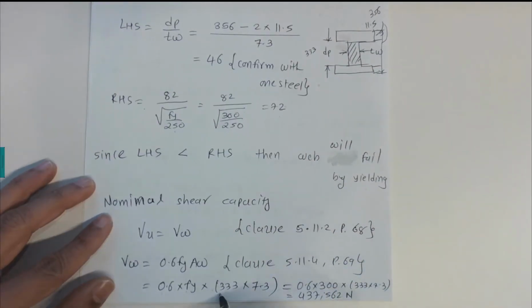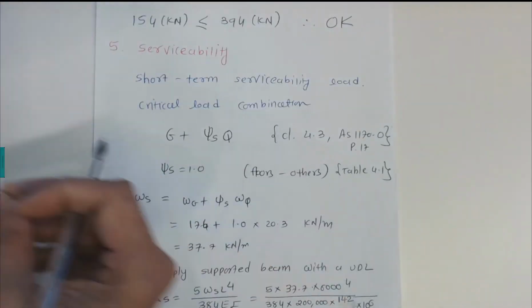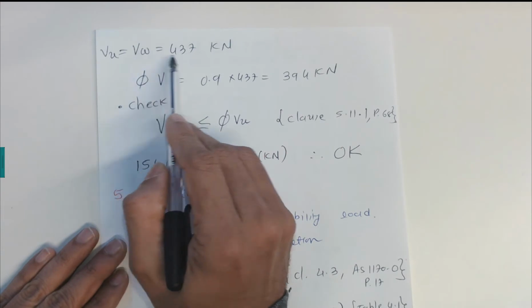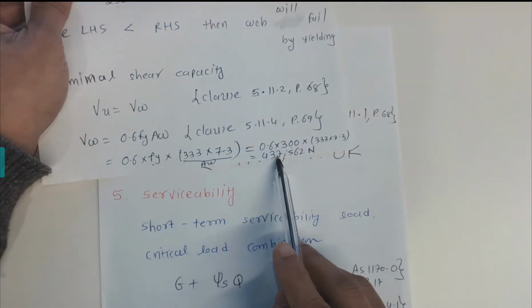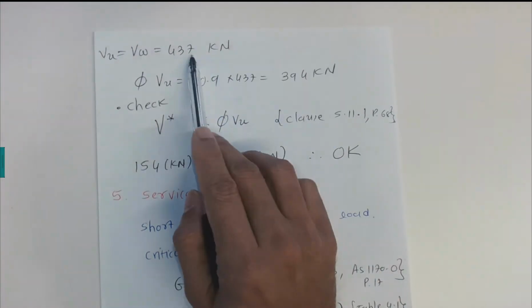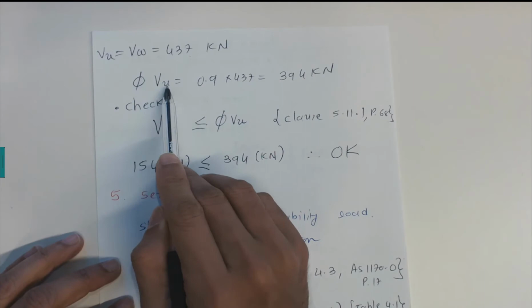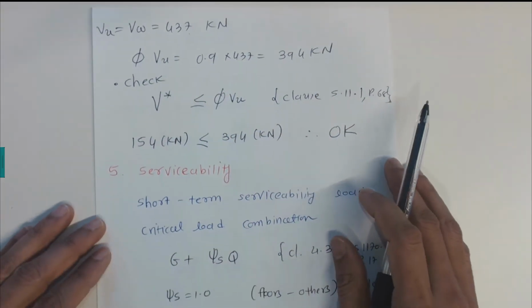That is the area Aw, and fy is 300, that gives us 437,562 newtons. Then Vu is equal to Vw, that is 437 kilonewtons that we just calculated here. 437,562 divided by 1000 gives us 437 kilonewtons, and multiplied by the safety factor, phi Vu, 0.9 times 437 gives 394 kilonewtons.